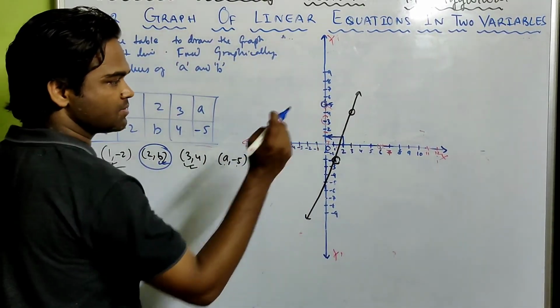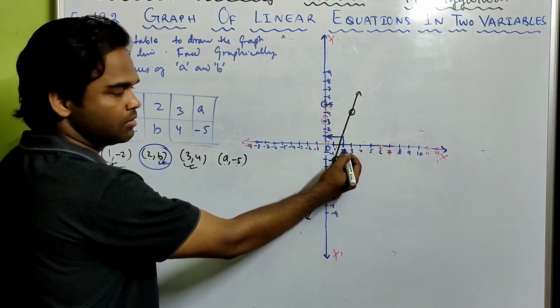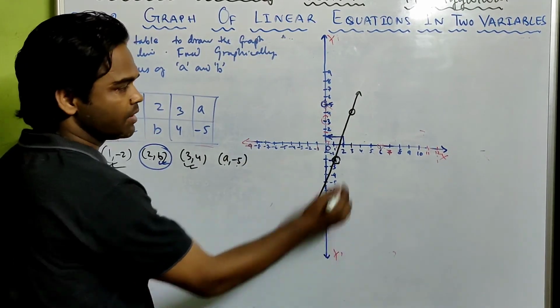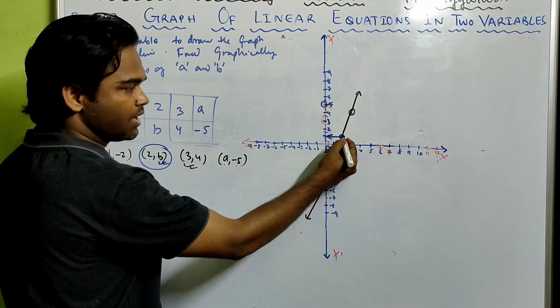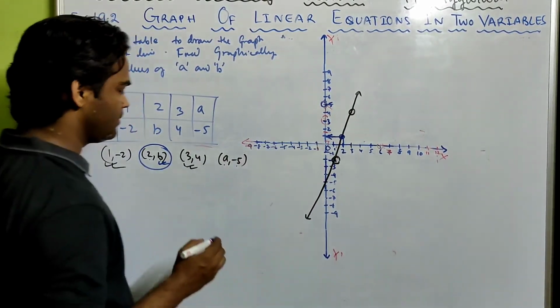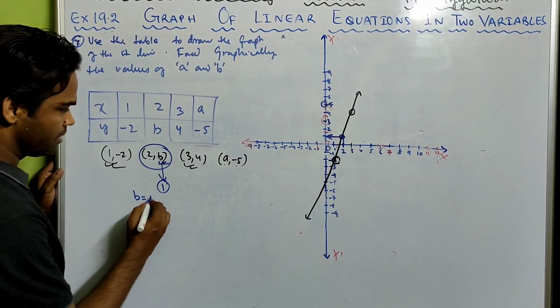It meets the y-axis at 1, isn't it? See, your x was 2. So from 2, we make a line parallel to the y-axis. It intersects the given line over here. From here, we'll again draw a line parallel to the x-axis and see where it meets the y-axis at 1. So b will be 1, isn't it?